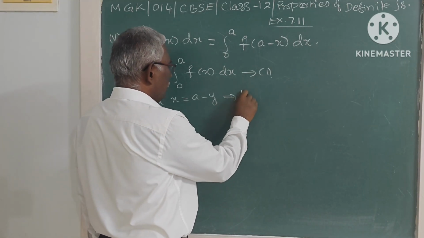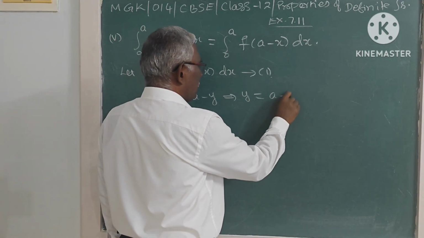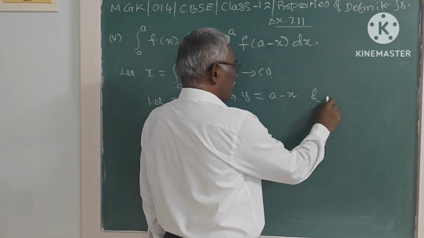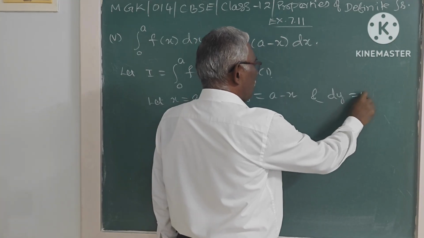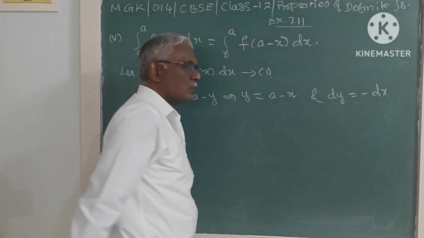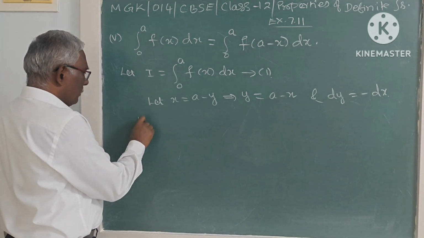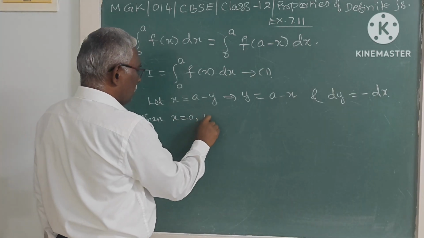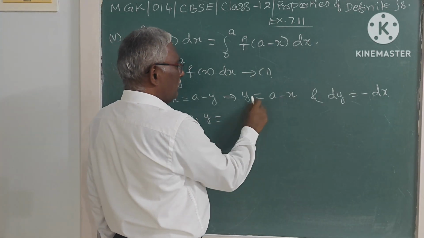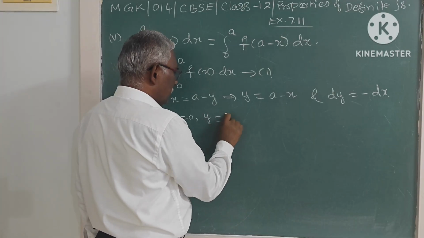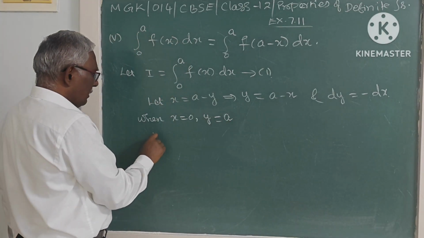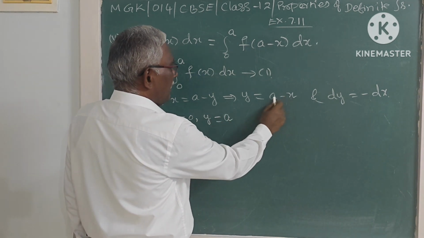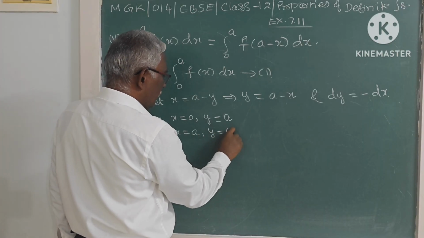So this gives y is equal to a minus x, and dy is equal to minus dx. When x is 0, we are getting the value of y is a. When x is a, y becomes 0.